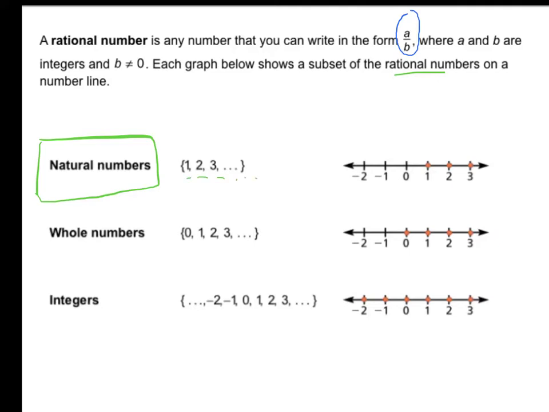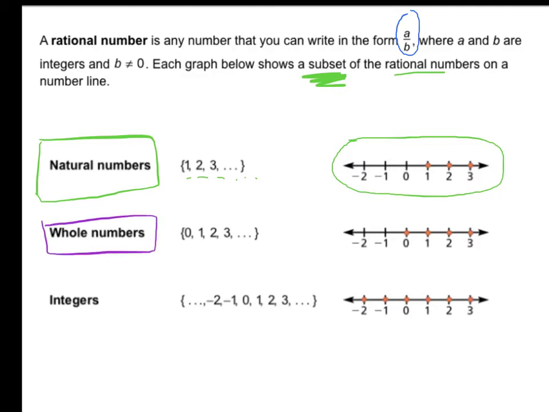And here's an example of what those numbers look like when they're plotted onto a number line. Another subset of rational numbers are whole numbers. The only difference between natural numbers and whole numbers is the 0, and then it goes up again, 1, 2, 3, and so on. And this is what it looks like on a number line.